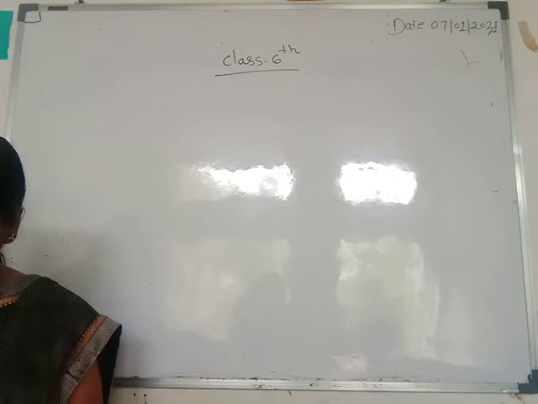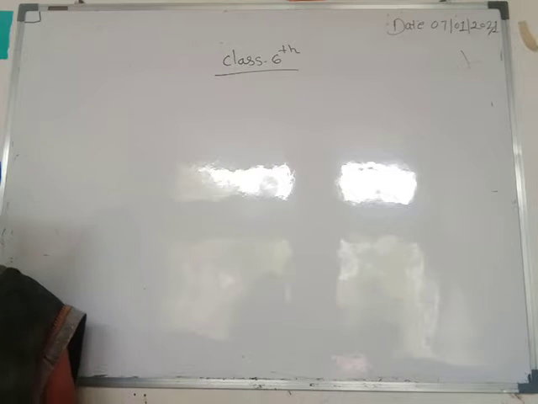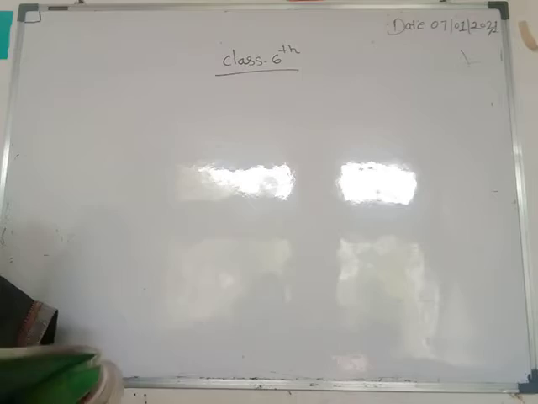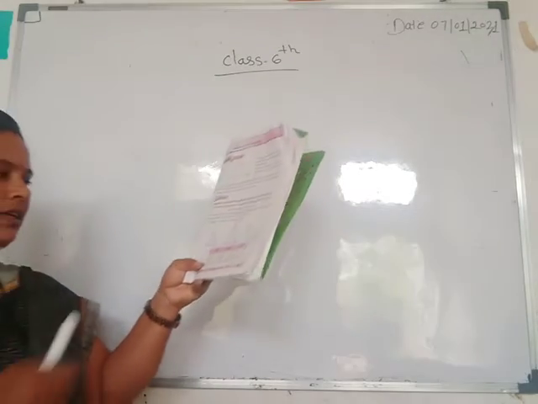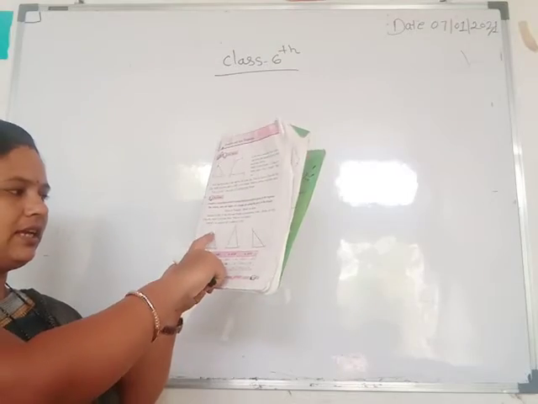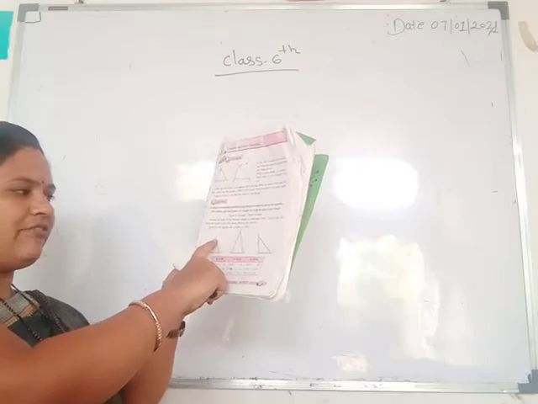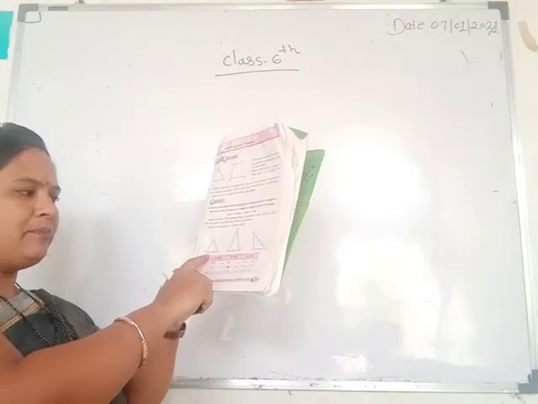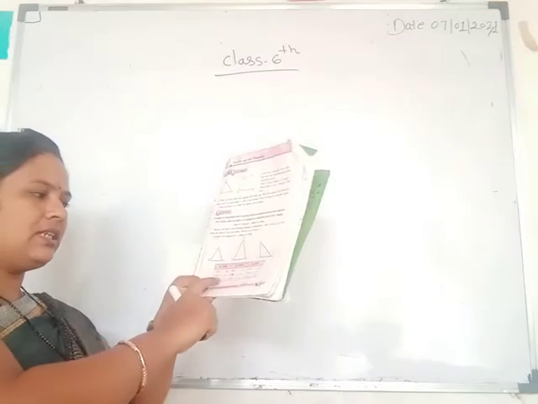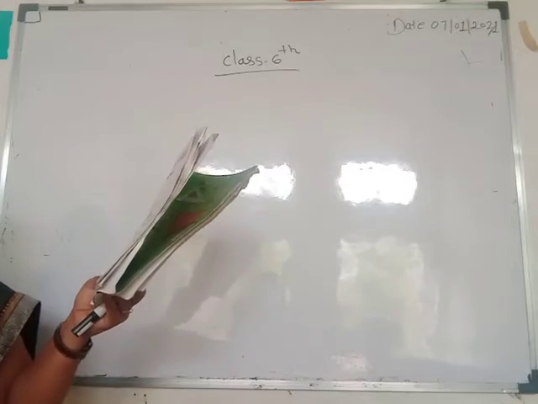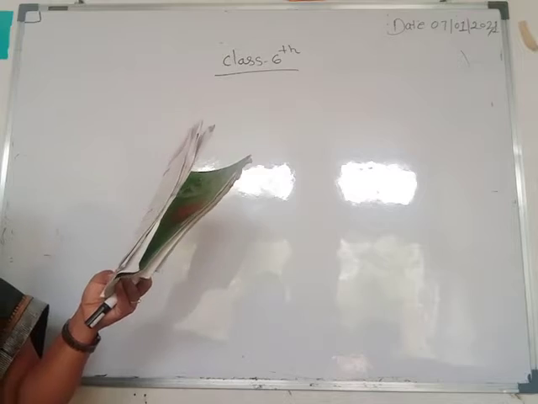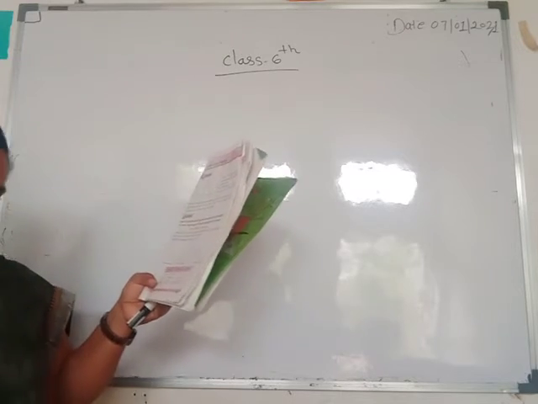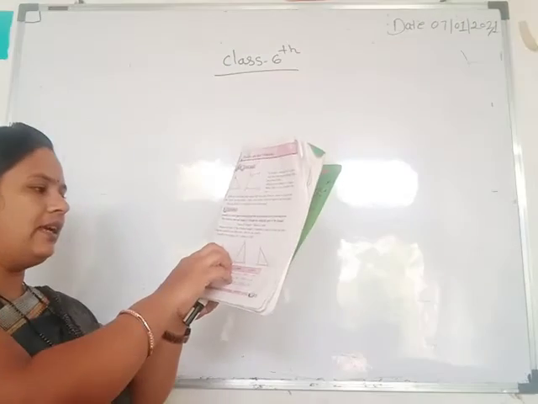Then you see here in your textbook page number 77, in this triangle ABC, you measure AB, BC, and also AC, and write the answers. Using a scale, you measure this AB.